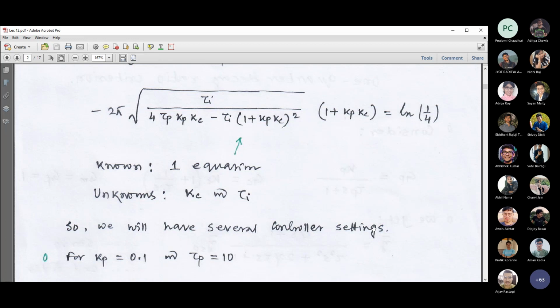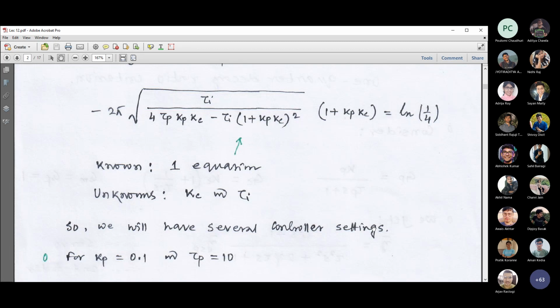Now let us consider this case Kp equal to 0.1 and tau p equal to 10. Let me tell one thing here, for a particular process for which you are going to employ one controller, for that process Kp and tau p are known to us. Note down this point, this is important.